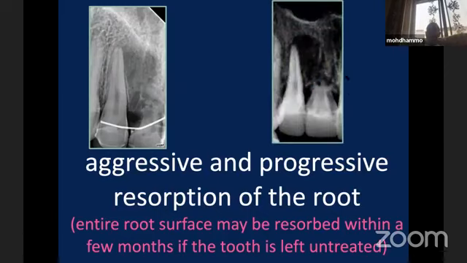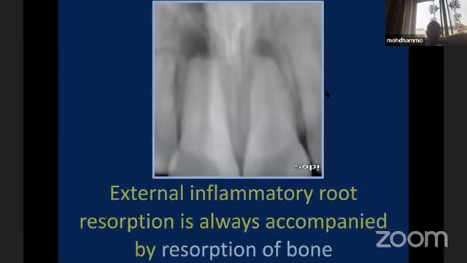Unfortunately, we lost the tooth because the patient did not visit his dentist after treatment and the resorption occurred. External inflammatory resorption is always accompanied by resorption of bone. So when we have resorption of root, it is combined with resorption of bone.